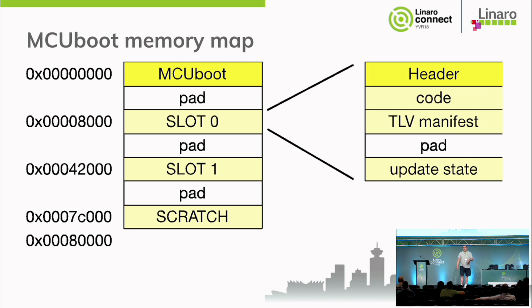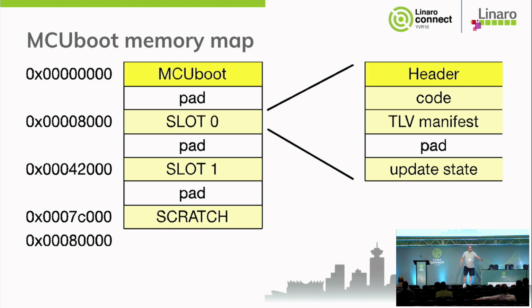There's a thing called slot 1, which is for updates. And this scratch area that is used to move data around. And then within the slot is a header, some code, a TLV, some status, and that kind of thing. That's a really fast overview. I'm going to go into more detail in a minute.